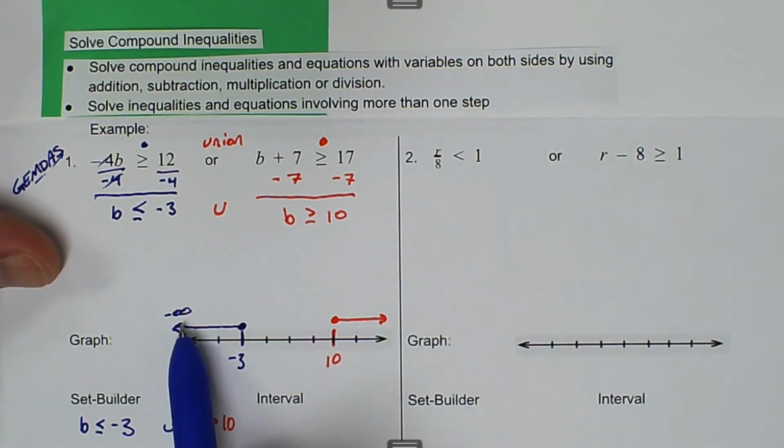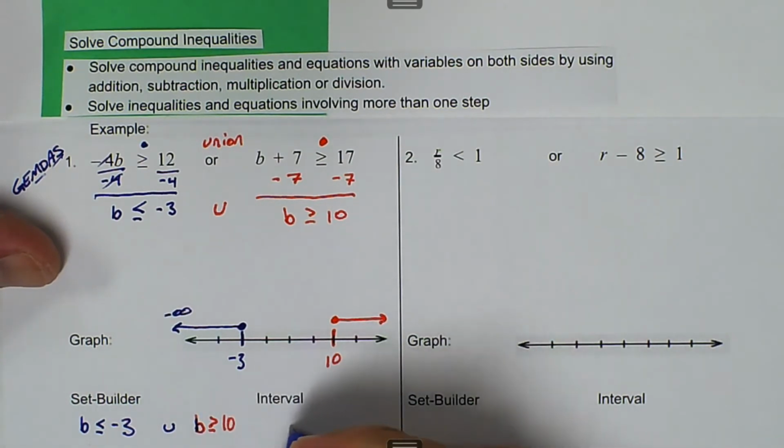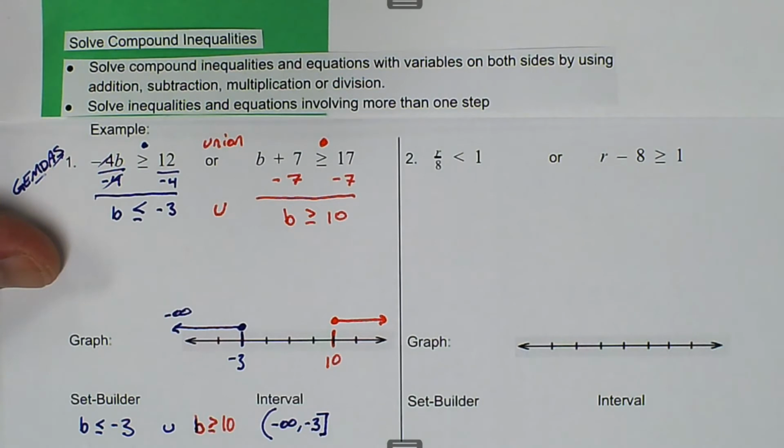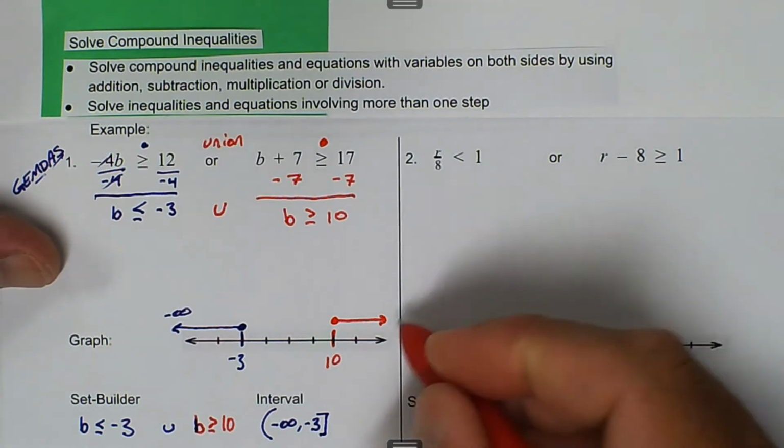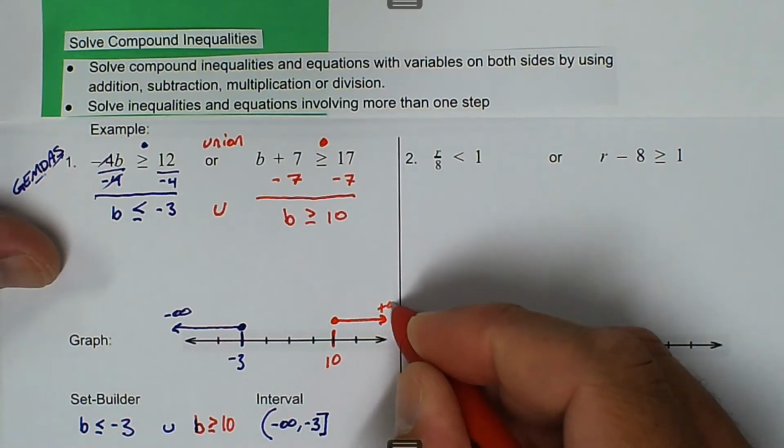So here we have negative infinity to negative 3. The negative 3 is included, and infinity is never included. And our second number set goes to positive infinity.